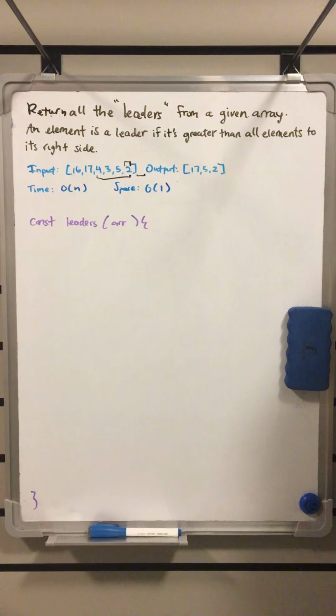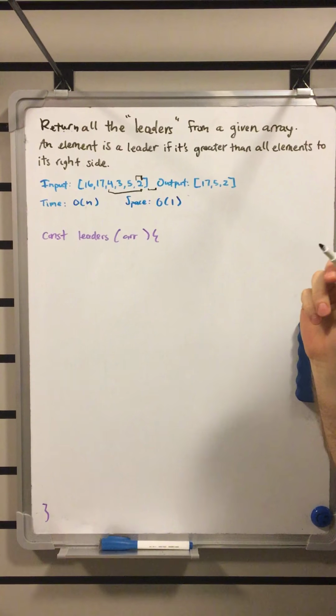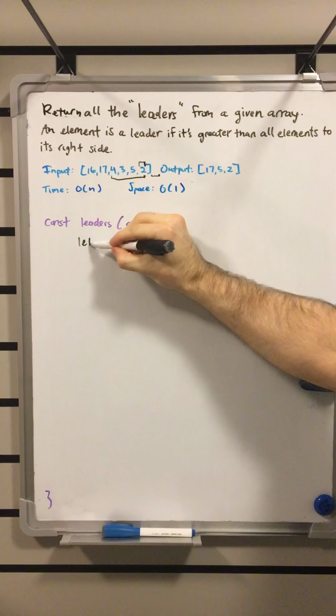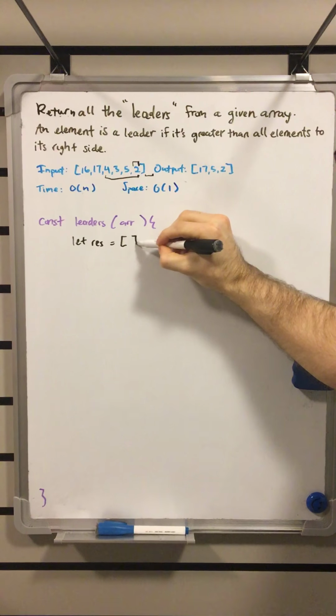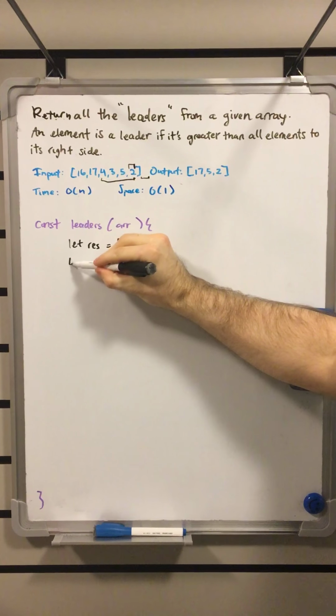So, what are we going to do? When we get the array, we want to create a result, and it'll be an empty array. And we'll create a variable.